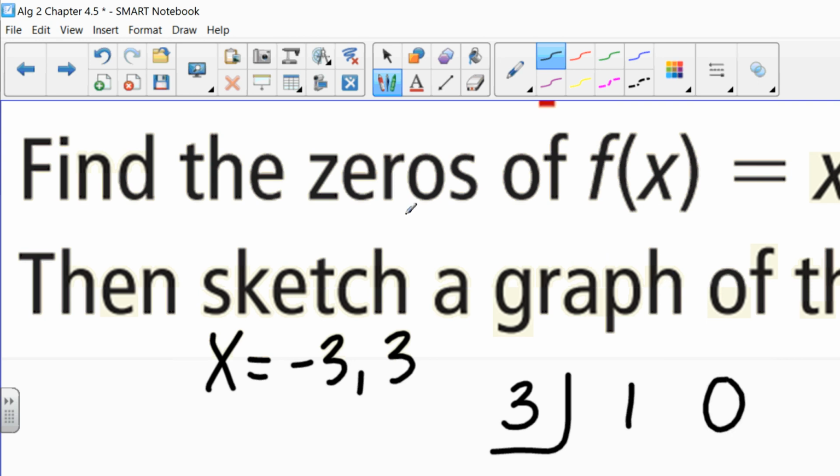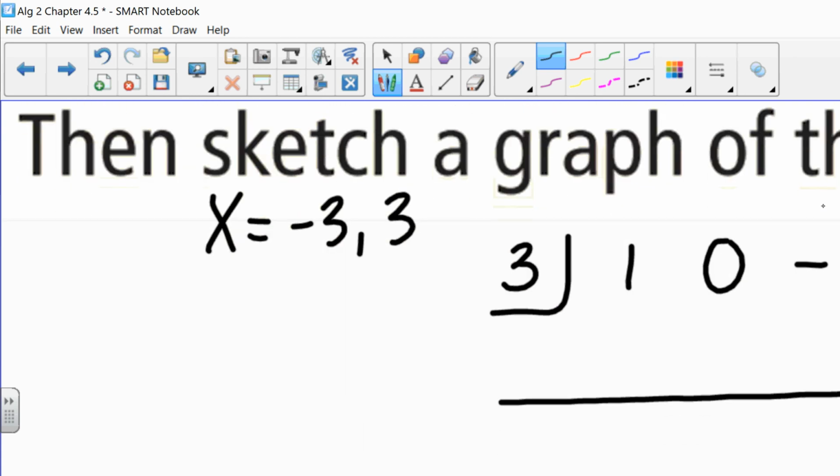1, 0, -18, 0, 81. Bring down the 1. 3 times 1 is 3. 0 plus 3 is 3. 3 times 3 is 9.